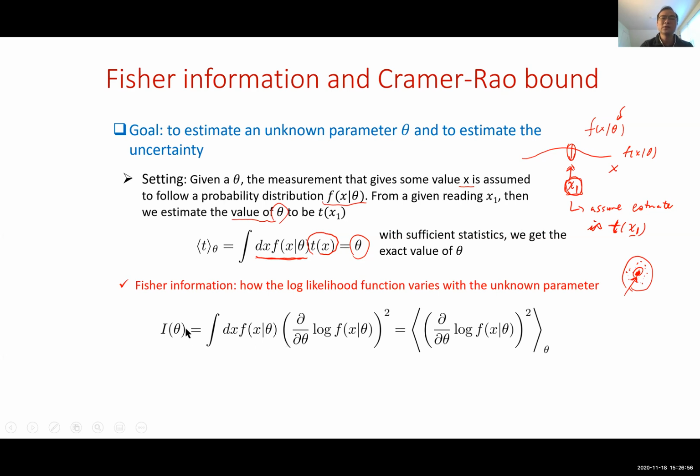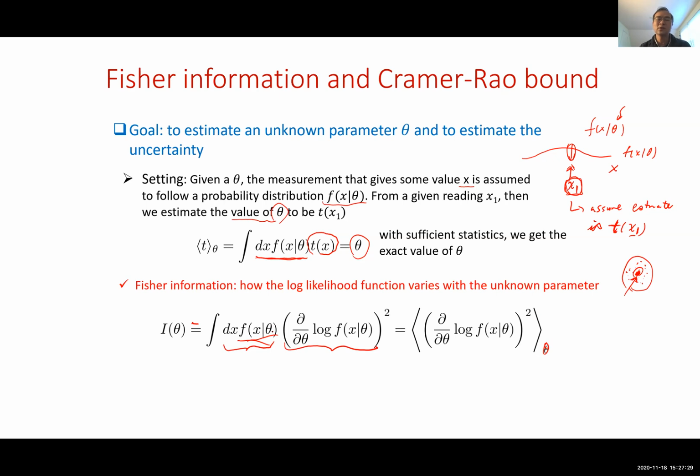This is defined as the Fisher information. So that's the definition. It's conveniently written as a bracket. This is the thing that you want to average, and you are averaging with respect to this measure. Sometimes we put theta just to indicate that this function f of x given theta is the measure used to evaluate the expectation.